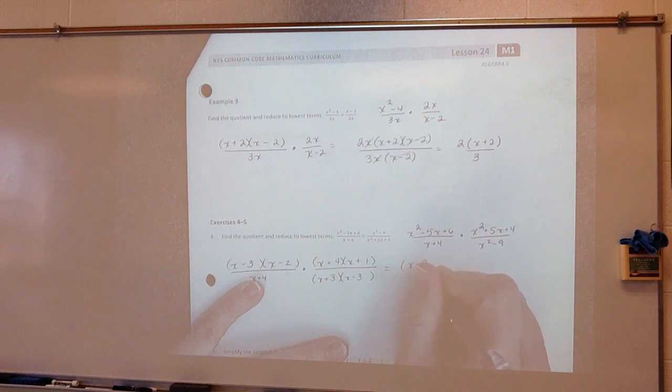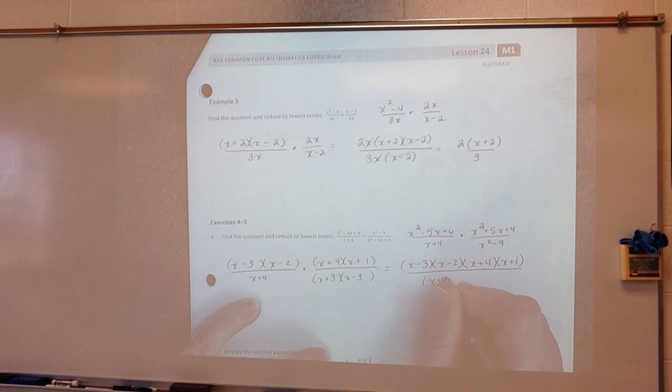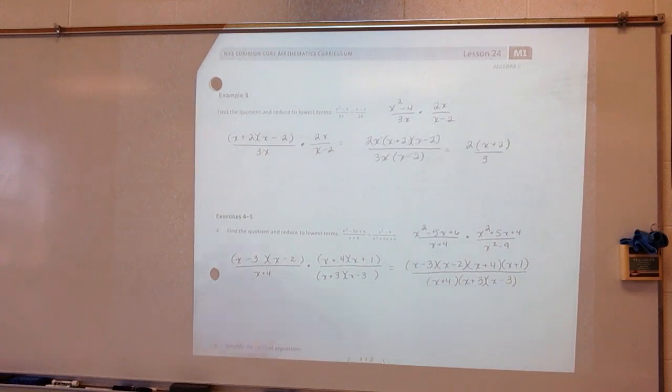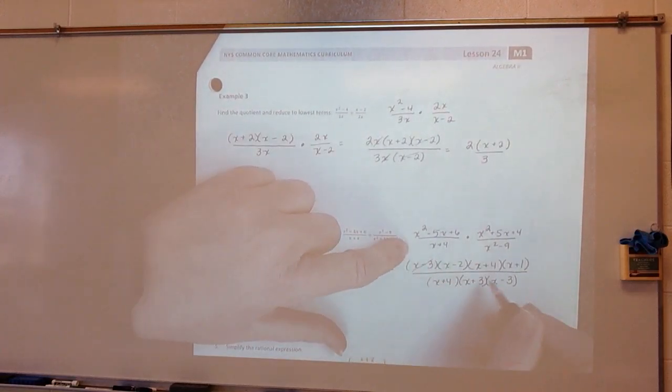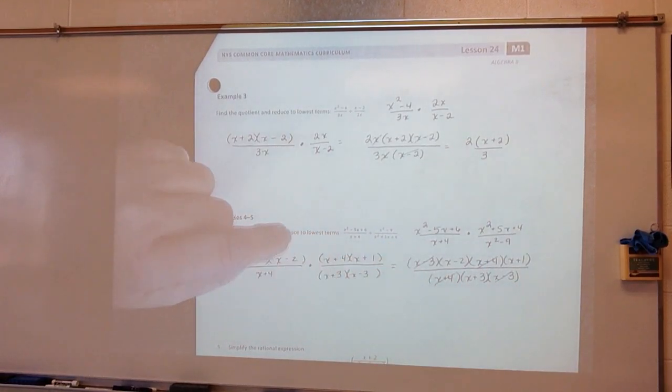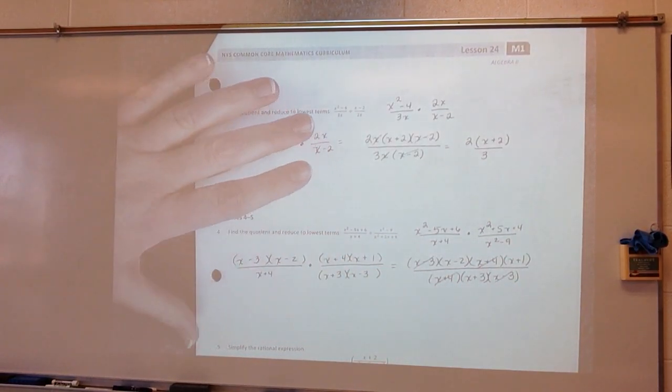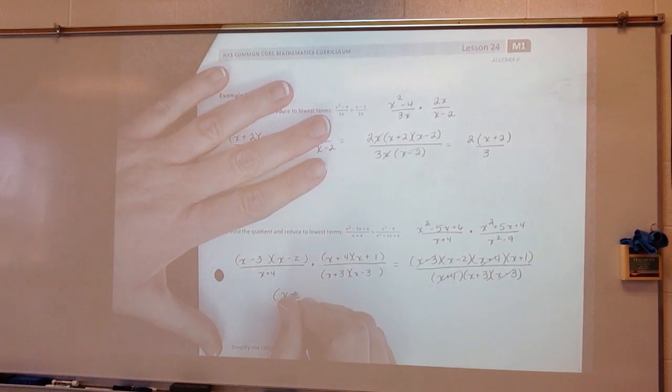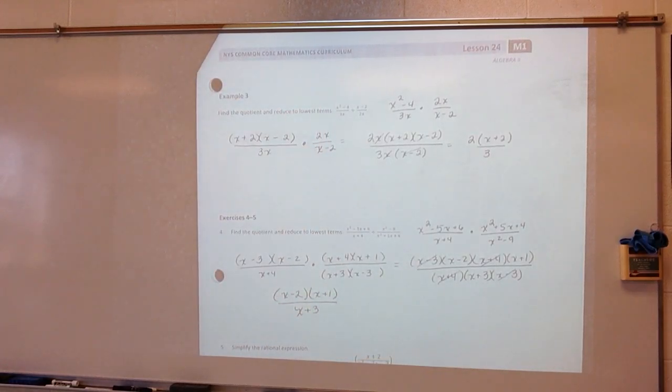So I get x minus 3 times x minus 2 times x plus 4 times x plus 1 over x plus 4 times x plus 3 times x minus 3. x minus 3 and x minus 3 divide out to give me 1. x plus 4 divided by x plus 4 is 1. So I end up with x minus 2 times x plus 1 over x plus 3. And that's my answer.